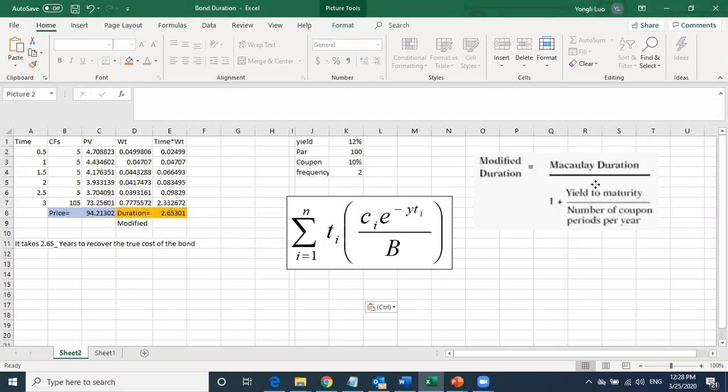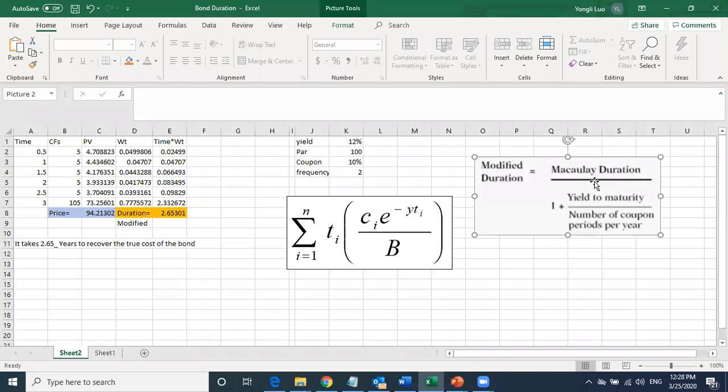The modified duration is the Macaulay duration divided by 1 plus the yield to maturity divided by the number of coupon periods per year. So this is the frequency, basically.